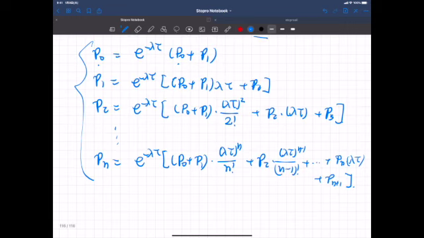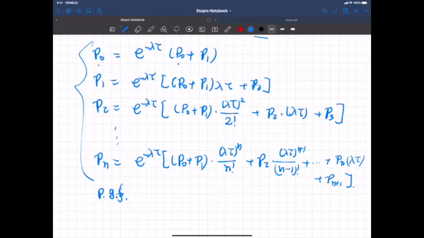So how do we solve this now? We use the probability generating function, PGF, just as we have done before for other stochastic processes. So multiply both sides by powers of s.